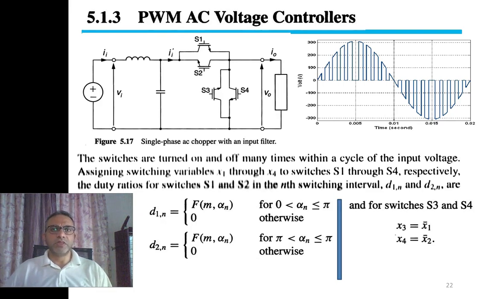The PWM AC voltage controller cannot change the frequency. These PWM voltage controllers are only used to alter the input voltage magnitude. They will not be used to change the frequency. Frequency will remain the same.